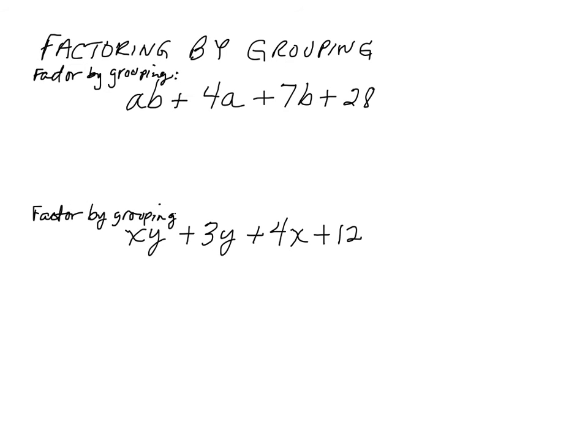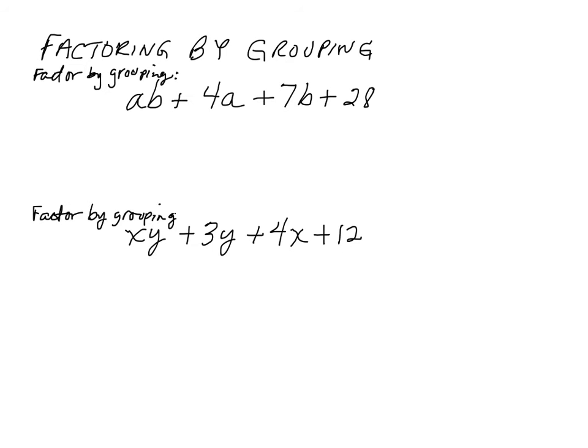Now, to factor by grouping, we're going to be talking about this extensively, I think, in section 6.3 or 6.4, one of them. I can't remember exactly, but factoring by grouping is used when you have 4 terms. Sometimes you'll be given a 4-term polynomial, and you'll be asked to factor it.